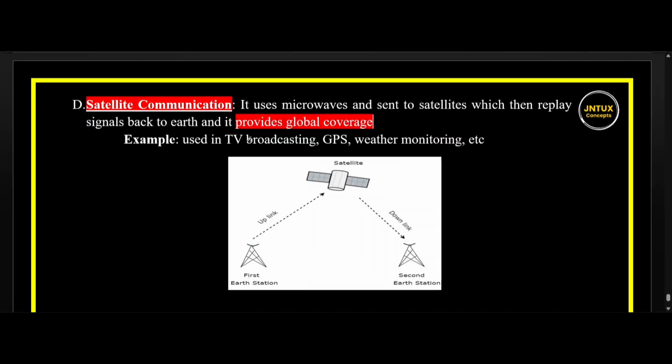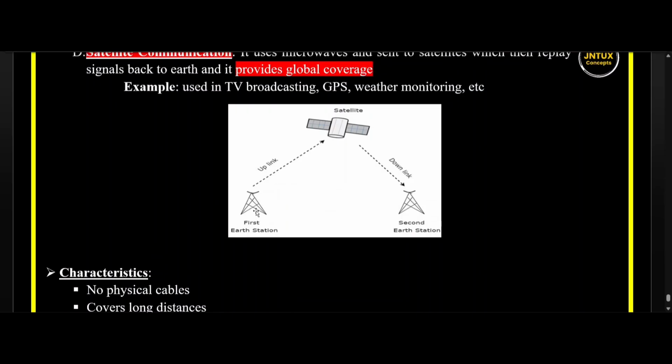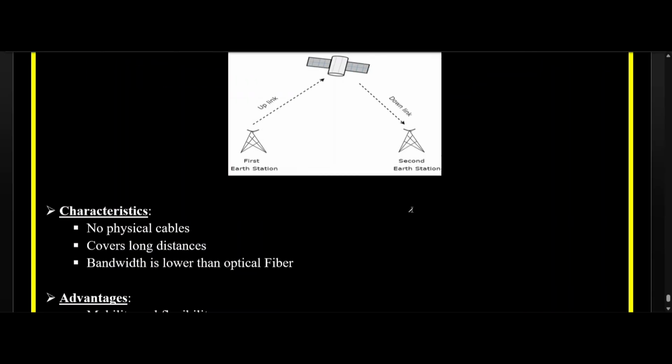These are used in TV broadcasting, GPS, weather monitoring, etc. You can clearly understand using this example. There is an antenna which sends the uplink to the satellite, and the satellite sends a downlink to the second antenna or the earth station.